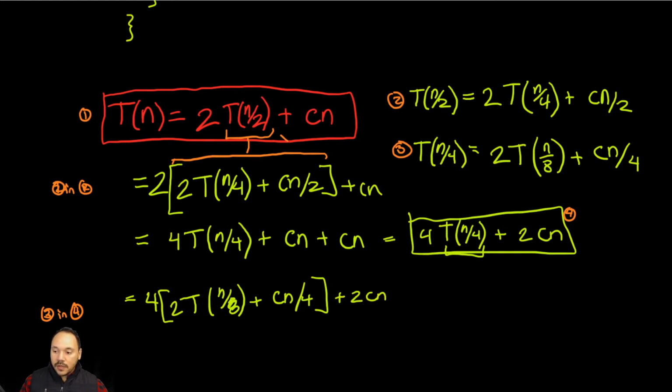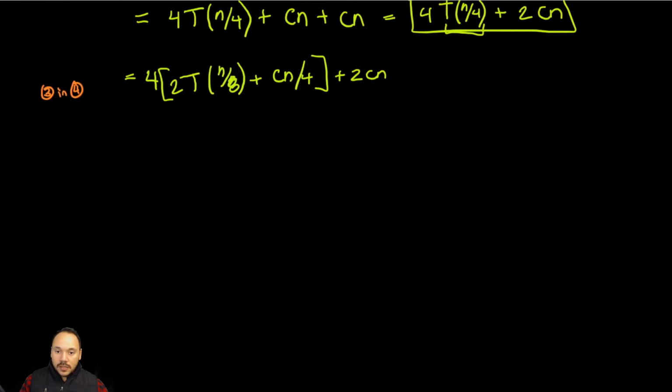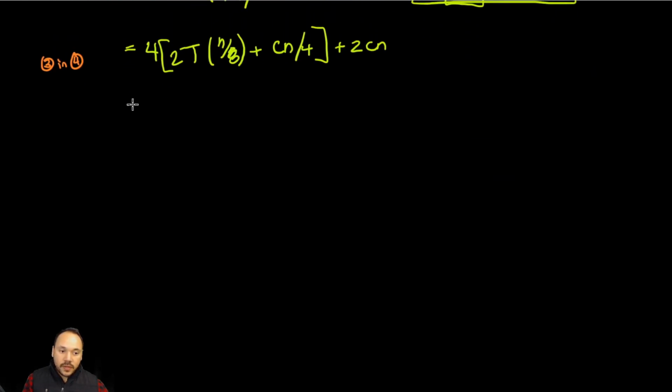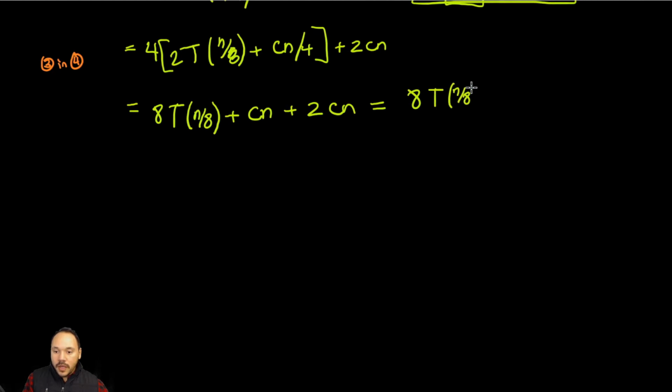All right, so now let's simplify this. That's 8 Tn by 8, plus 4 gets cancelled out, so we have Cn plus 2Cn. So if we add the summation here, we have 8 Tn by 8 plus 3Cn. Nice. So that's the formula that we have.